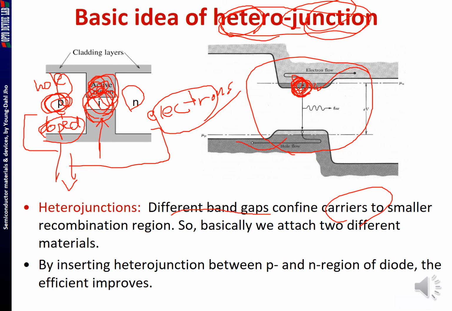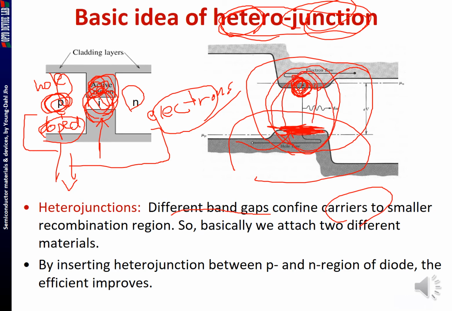In terms of holes, you will learn this concept again, but a higher position on the y-axis indicates a lower hole energy state. So the holes will be localized, accumulated, or physically speaking confined in this area. Then electrons and holes overlap here, and they can combine to emit light.